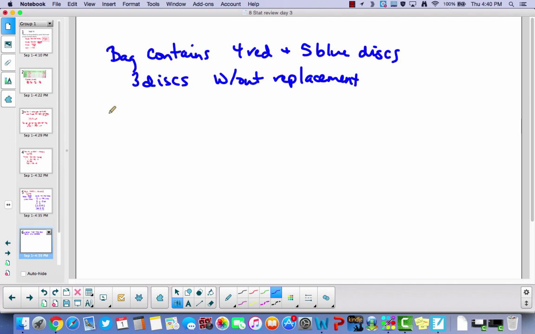Find the probability that we have 2 red and 1 blue.